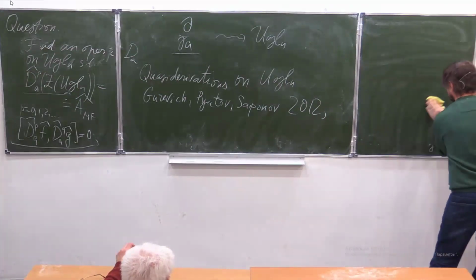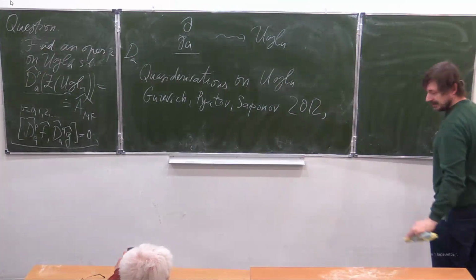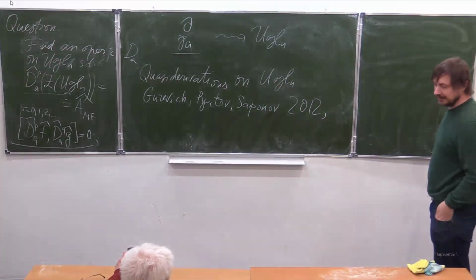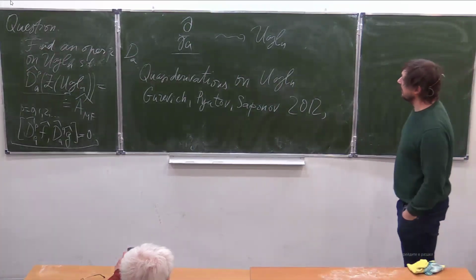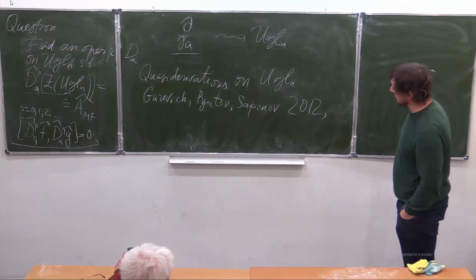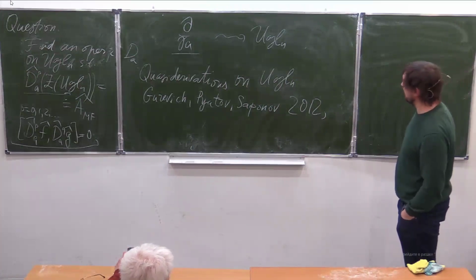So here is the definition. The definition heavily uses the explicit set of generators of U(gl_N).